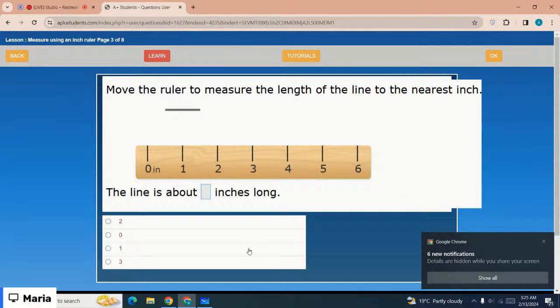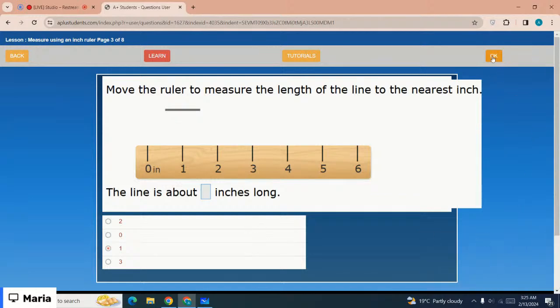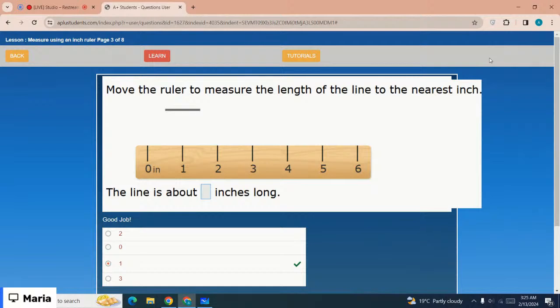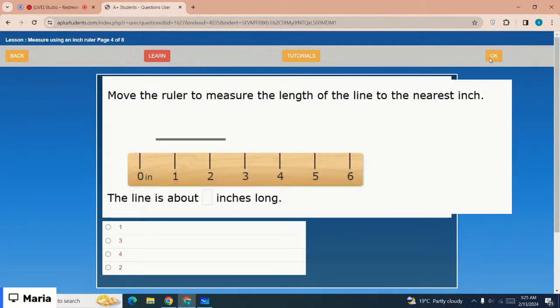The correct option is 1. Move the ruler to measure the length of the line to the nearest inch.